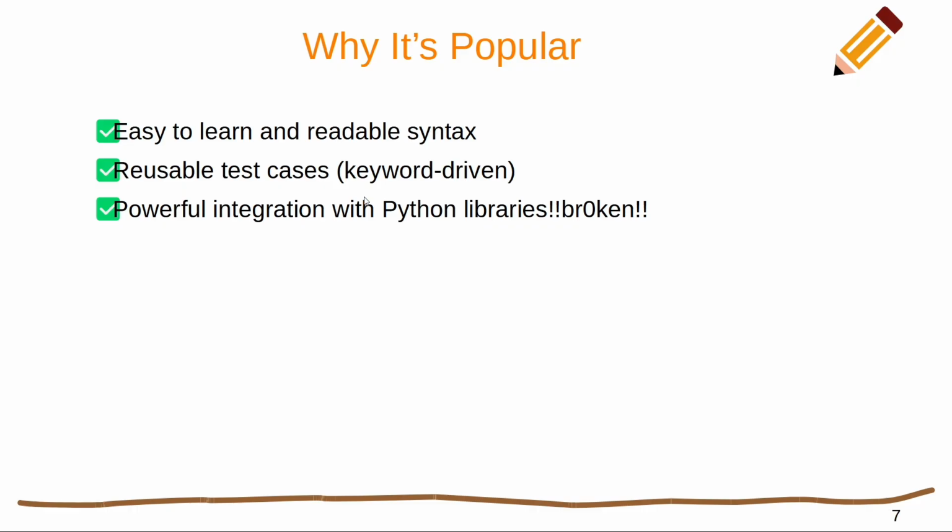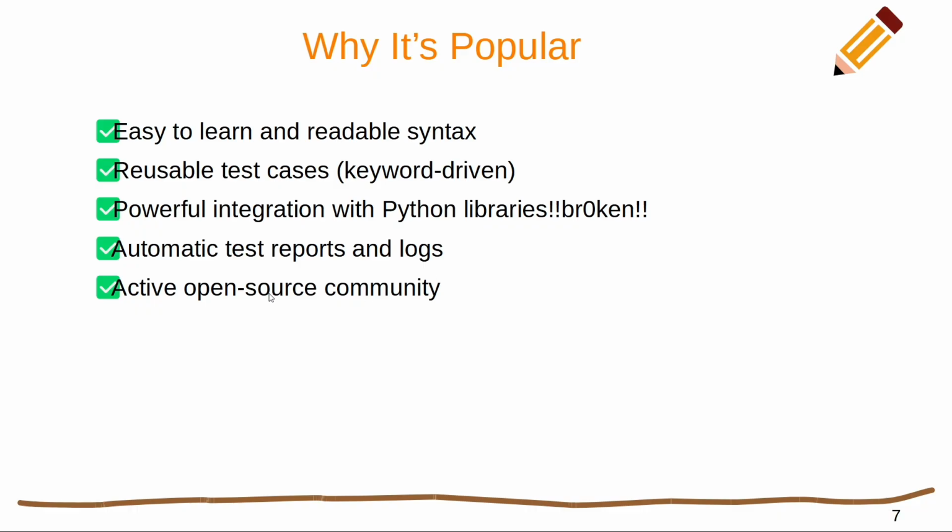Then we can generate automatic test reports and logs using Robot Framework, so it is good. Then it has an active open source community. So why is it popular? Because of all those things it is very popular.